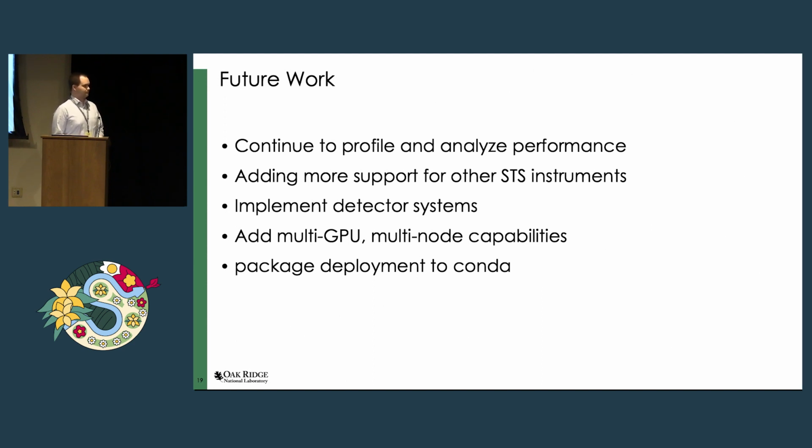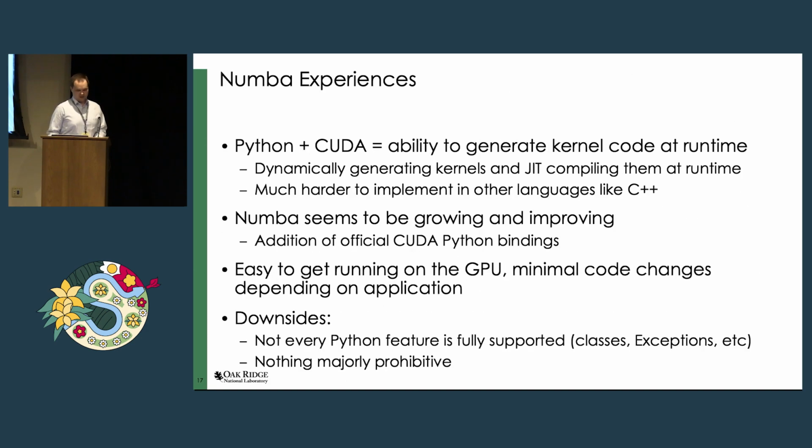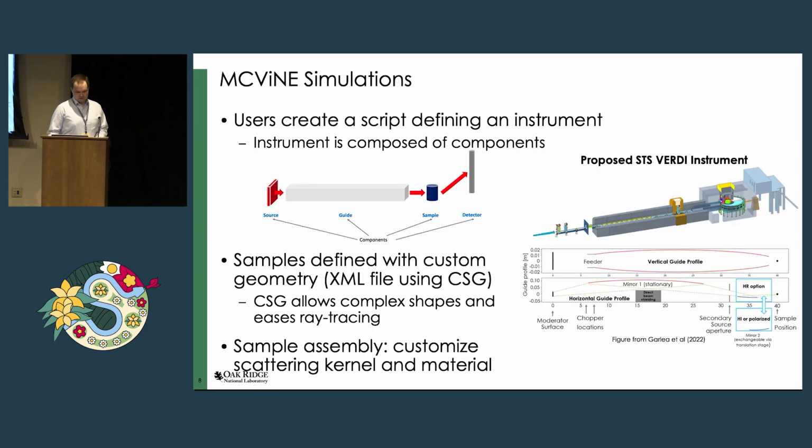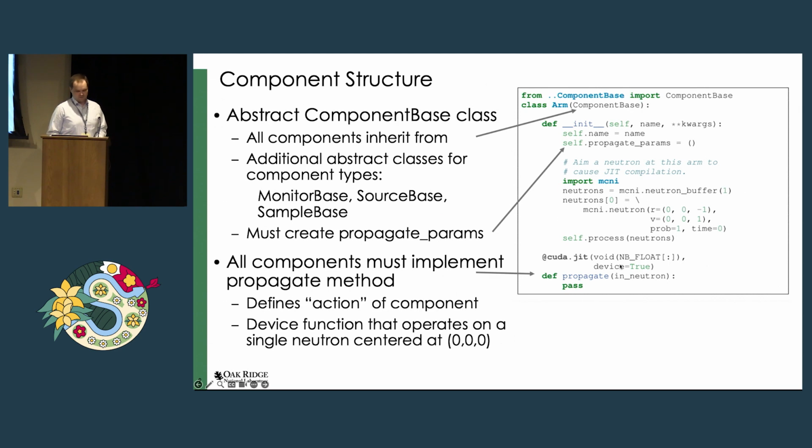One random other question. I noticed you're using consumer cards. Did you struggle with whether you were getting 32 or 64-bit float operations, and how awkward was that? Yeah, that is something we looked into. In the source code, we're forcing the signature to be a Numba float.